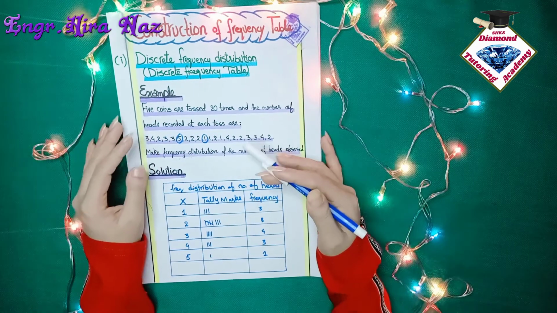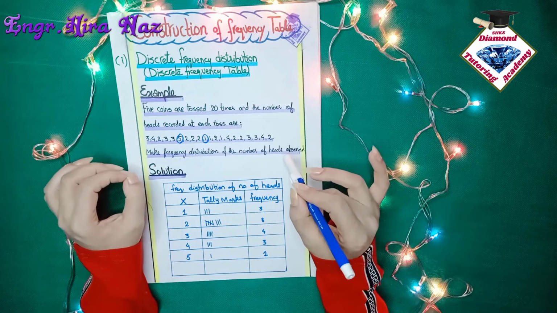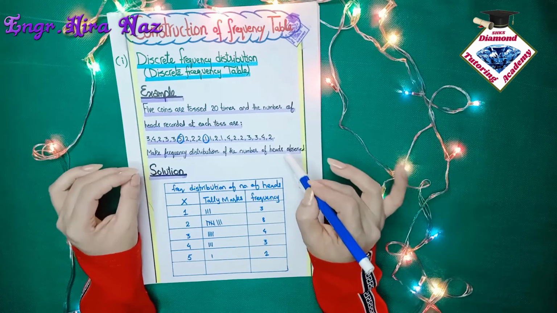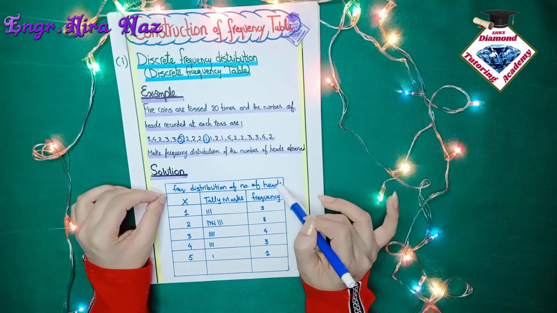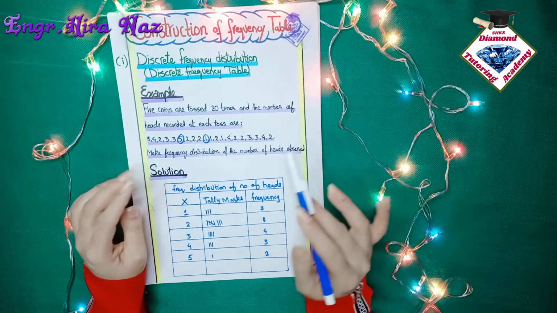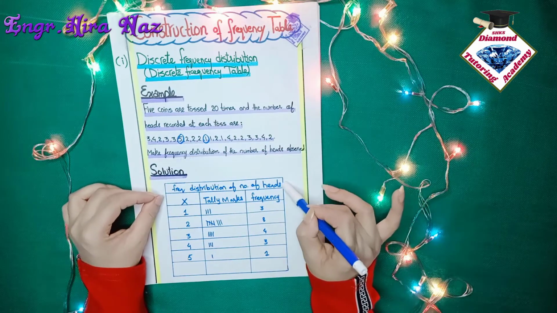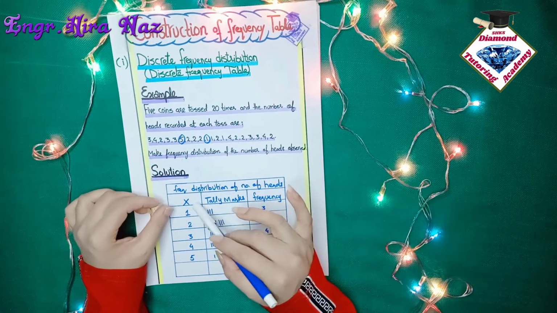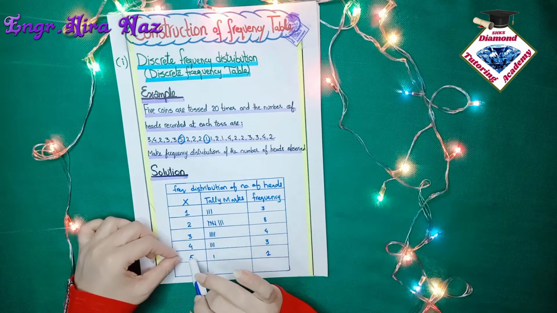Let me recall this method for you. Whenever you are given some discrete frequencies and you are asked to construct discrete frequency table, what you have to do? You have to first name the table as the name of variables, means the things you have to find out in the table. Understand? And that will be your variable. So you have to put its values in the first column and you don't have to repeat that value in the first column.